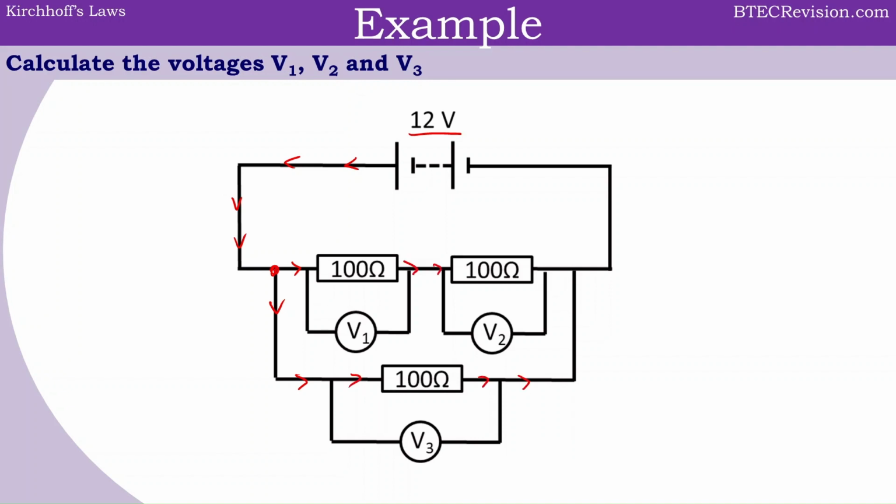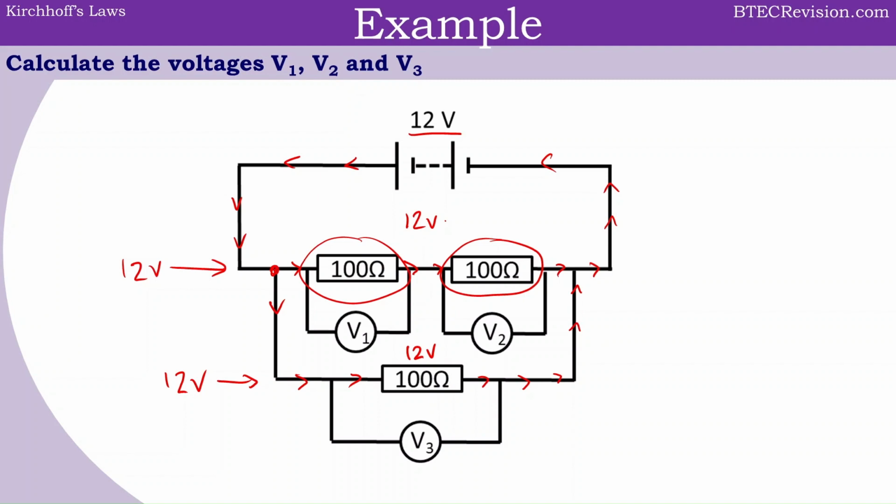So in a parallel circuit, voltages are going to stay the same. So we know along this line over here, we will have 12 volts. And along this line over here, we'll also have 12 volts. So this branch is going to gain 12 volts, and these two are going to gain 12 volts.